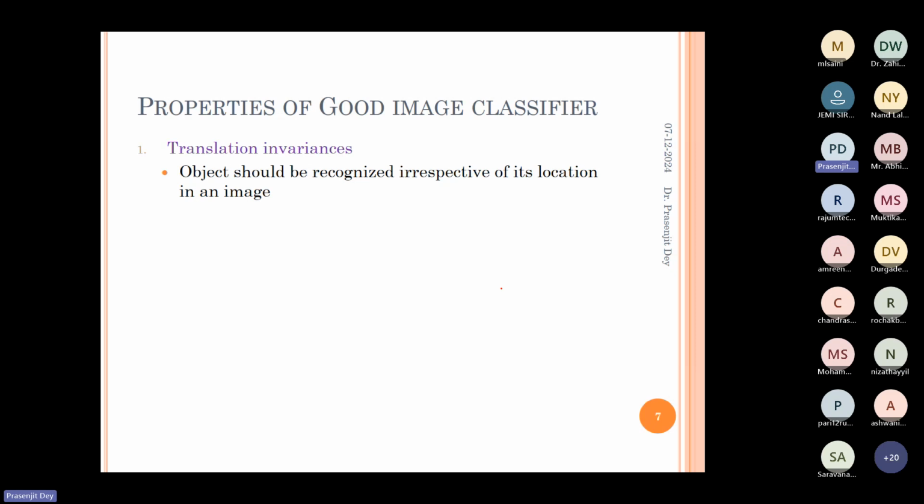If I move the object, I should not have difficulty classifying it. Whether the cat is in this position of the image or that position, I should be able to identify it. My performance should not depend on the position of the cat in the image. That is called translation invariance.